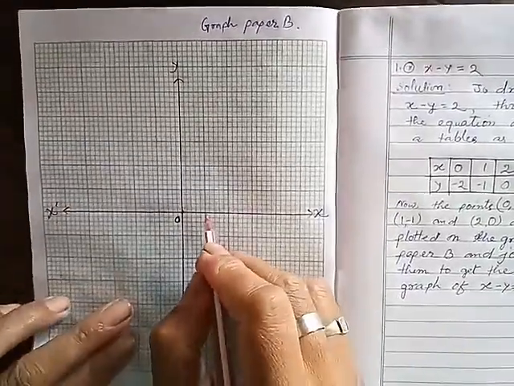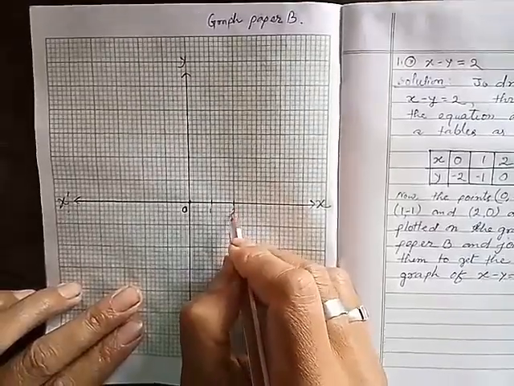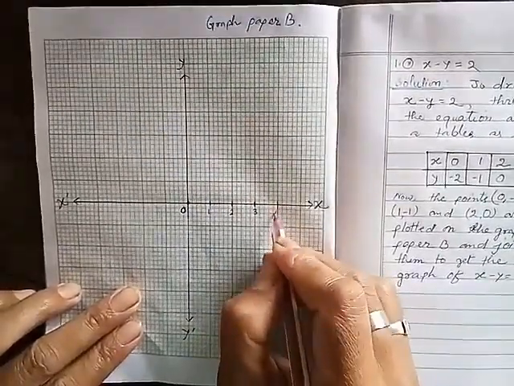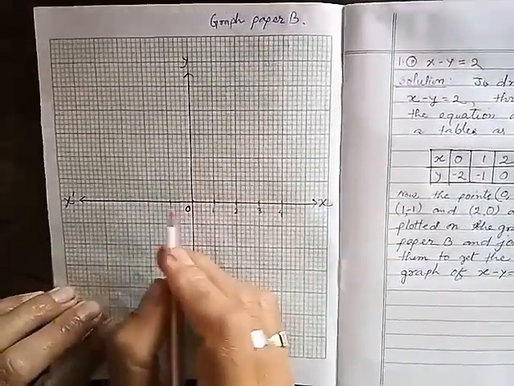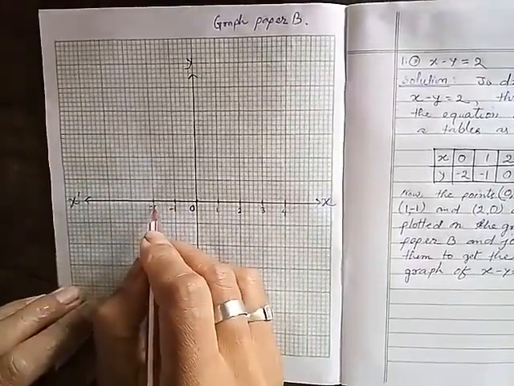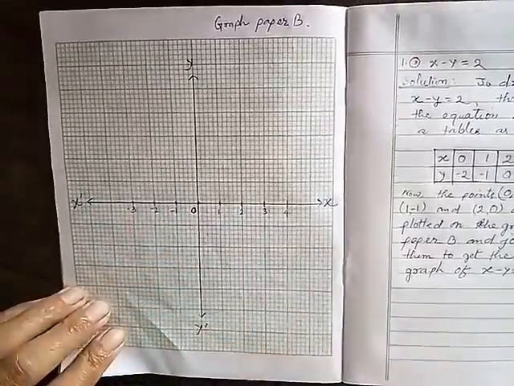So let me write a suitable unit here. This is 1, 2, 3, 4, etc., and similarly on the negative side, on the x dash side, minus 1, minus 2, minus 3, and so on.